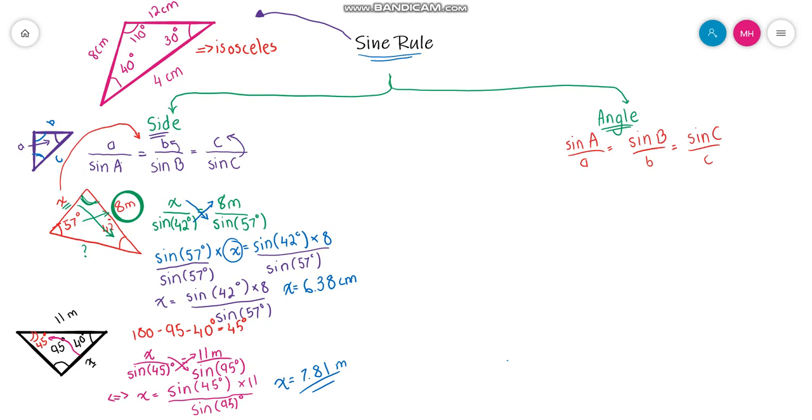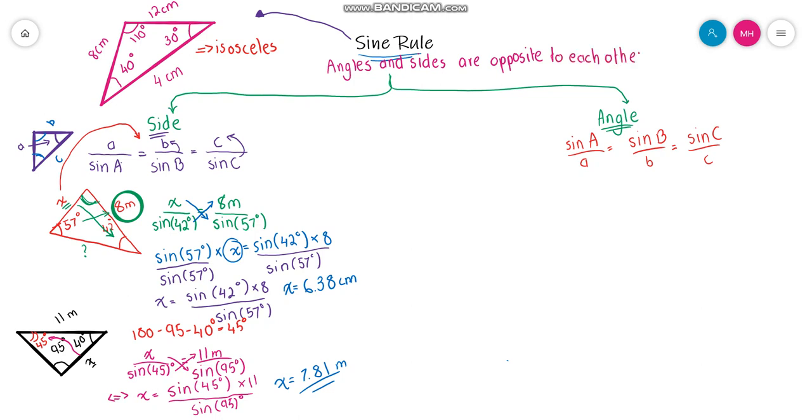So in the sine rule, the formula states that the angles and sides are opposite to each other. That's the main thing about this formula: opposite to each other.